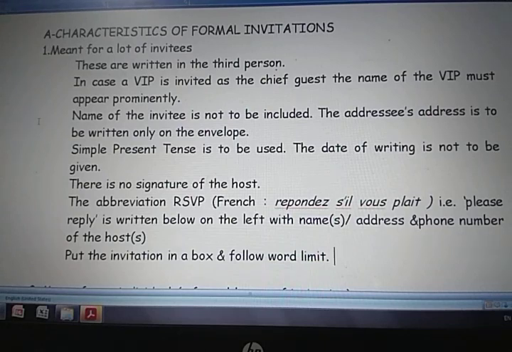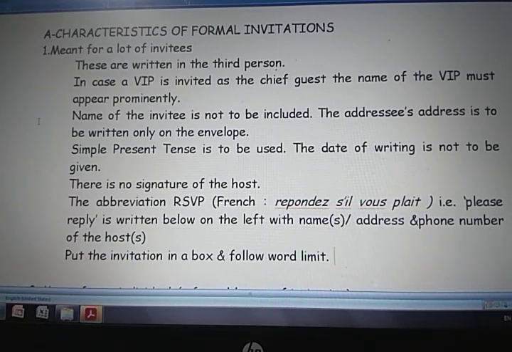Suppose you invited the governor of the state or any prominent person, Hollywood actor, Hollywood singer, then you should mention that chief guest's name in the invitation card.